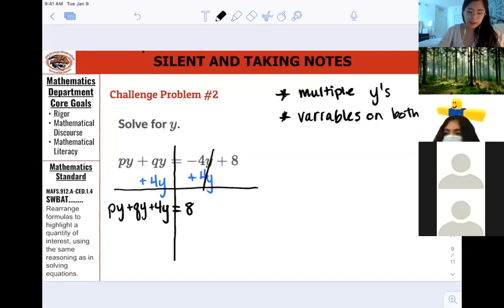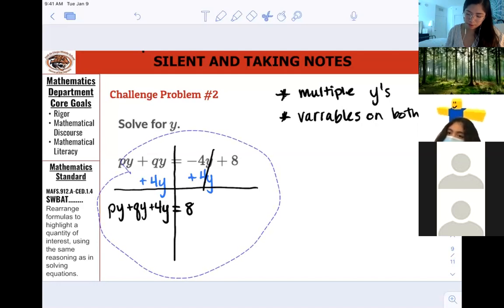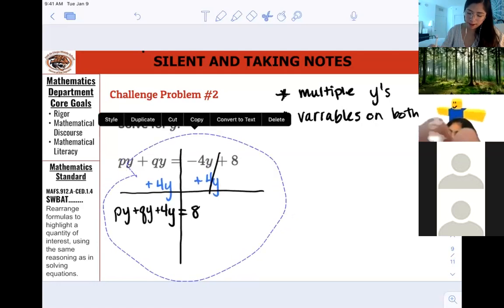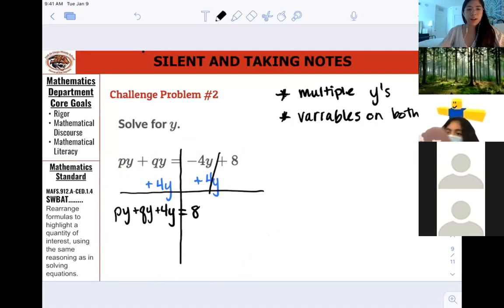All right, now here comes the part where I'm going to kick Y out of the party. We're kicking the Y out because that's the one I want to get by itself. It's kind of like, if you're at a party and you want to have a word with the Y because the Y is causing trouble, you want to get him alone. You've got to get him outside because you don't want to have a whole argument inside where everybody's having fun, right?